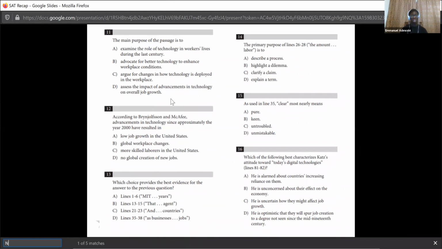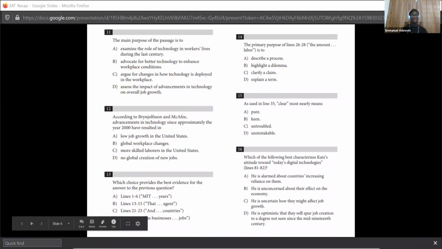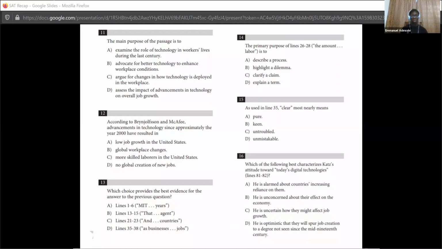And that detail itself was a very important one. It pretty much laid out some of the specifics in what the passage meant to address. So yes, D is the correct answer.